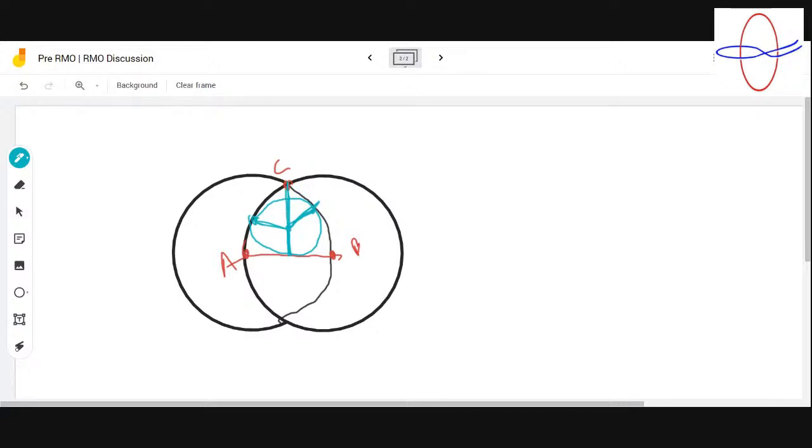Can someone tell me why this is true? Can someone tell me why this passes through the center?